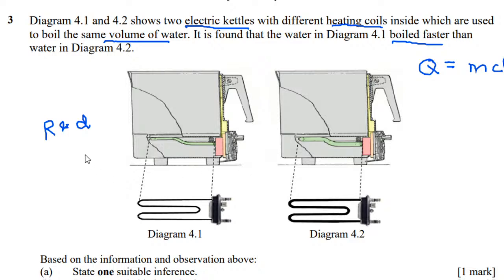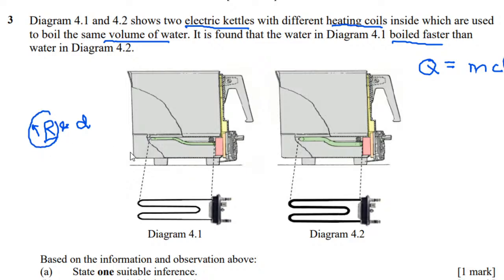Okay, because this is coil connect to the electric, so it is something to do with resistance. So what makes the water in diagram 4.1 boil faster? It is due to higher more heat produced. Why more heat produced? Because the resistance is higher here.